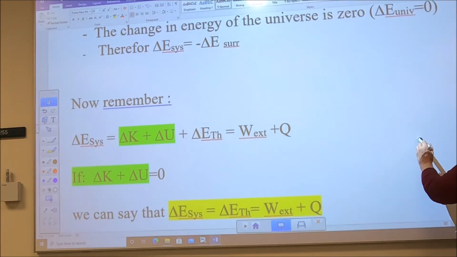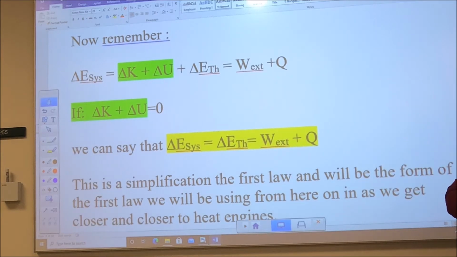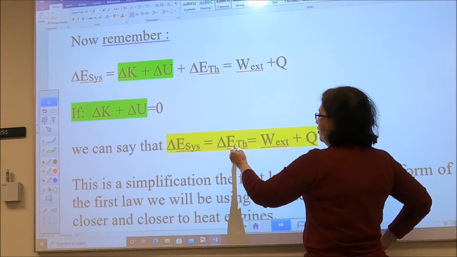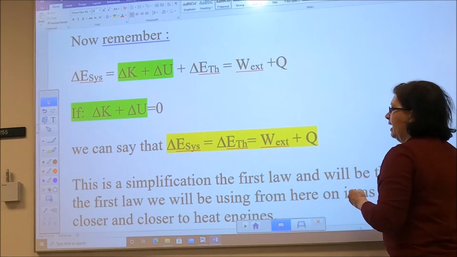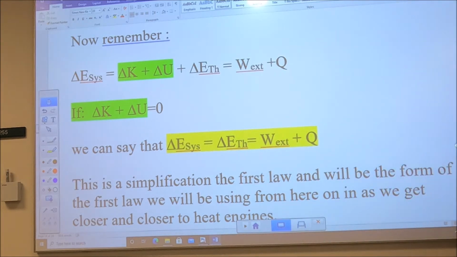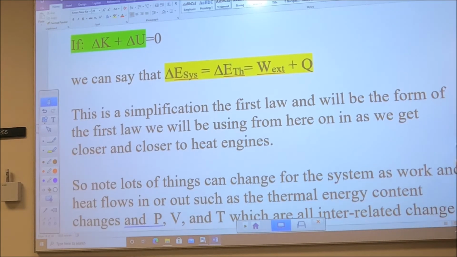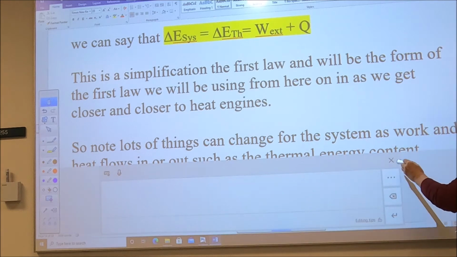We're dealing with processes where the mechanical energy of the system is not going to change, so any change in energy of our system is going to be manifested as a change in thermal energy, which is going to be due to external work and heat. This is a simplification of the first law of thermodynamics, but it's what we're going to use when we start looking at heat engines.